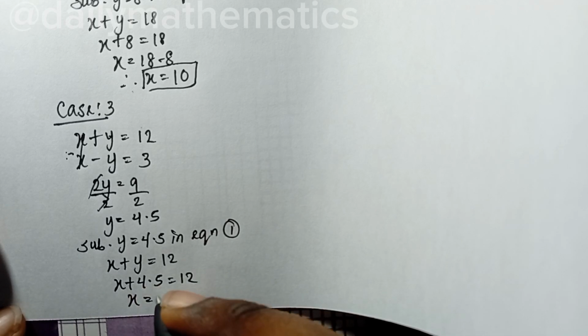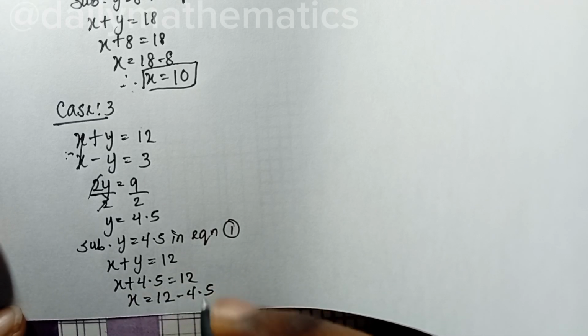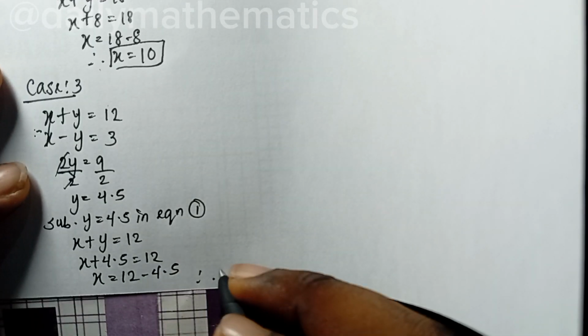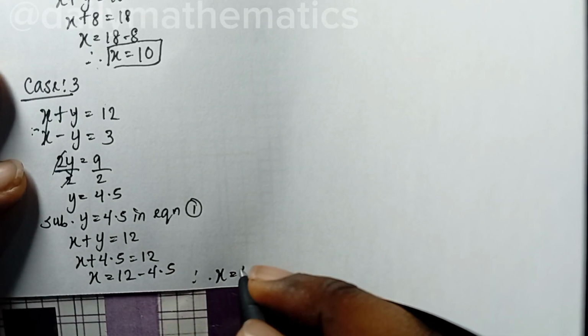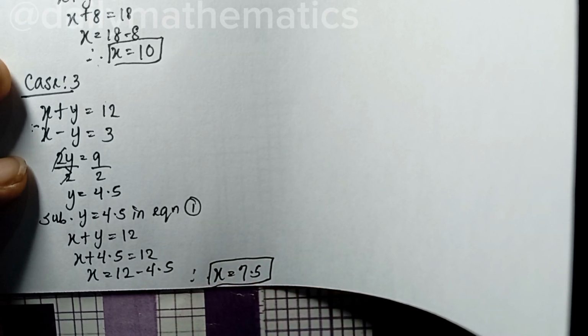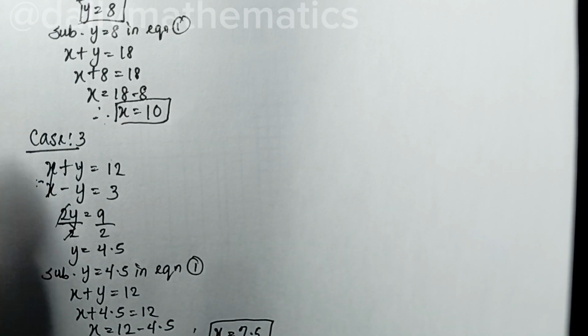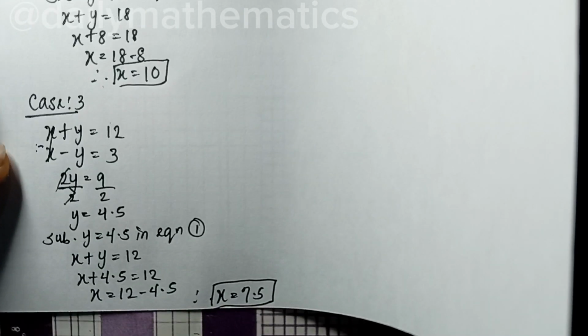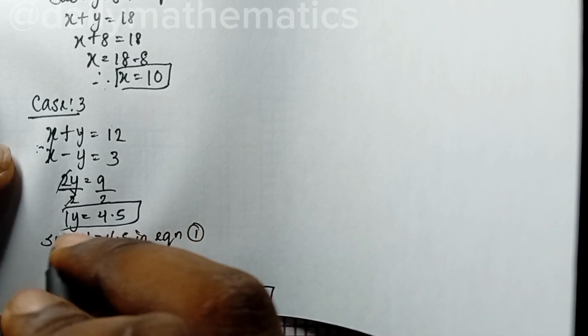That's x equals 12 minus 4.5. And so, therefore, x equals 7.5 for case 3. So we have x as 7.5, y as 4.5.